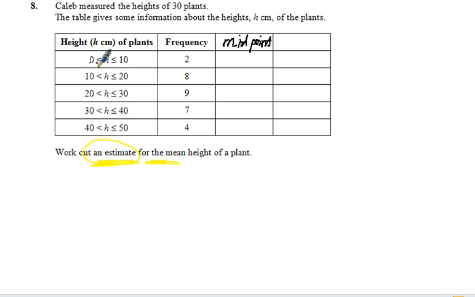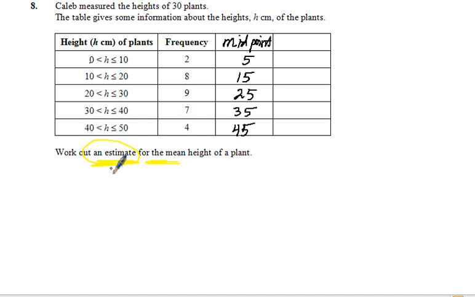So the midpoint of each interval. For the first interval, the midpoint is going to be 5. For the second interval, the midpoint is going to be 15, then 25, then 35, and then 45. Now, this table tells us that we assume that 2 plants had height 5 centimeters, 8 plants had height 15 centimeters, and so on.